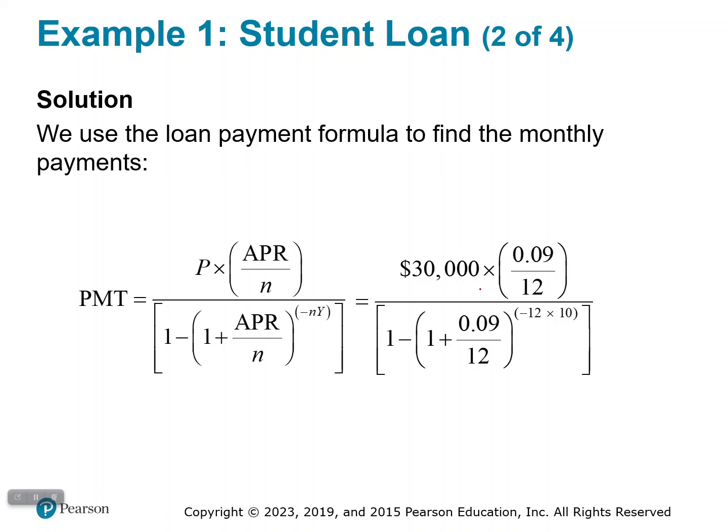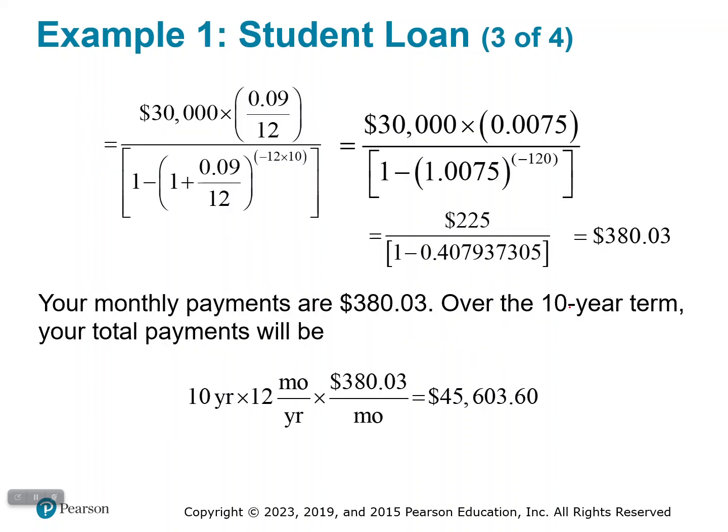Your principal, the amount that you owe once you start paying, is $30,000. The APR is 9%, paid monthly. We substitute our ones, our parentheses, our minuses, our pluses, everything. APR 0.09, over 12. Don't forget your negative. Loans are kind of depressing, so they have a negative, kind of a downside exponent there. Negative 12 times the 10 years. Now, you could do this step by step.